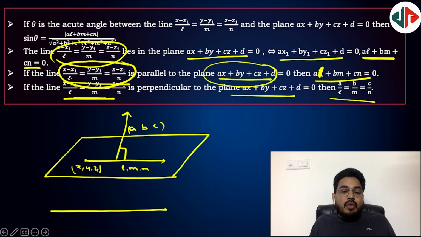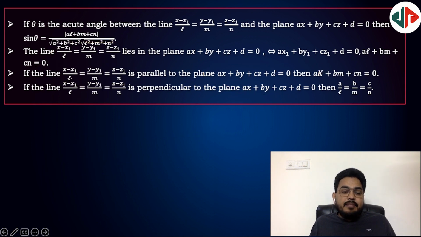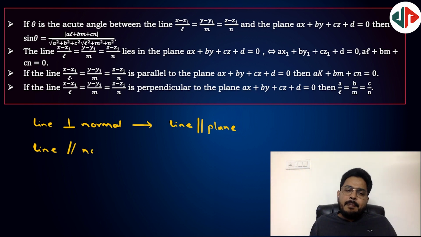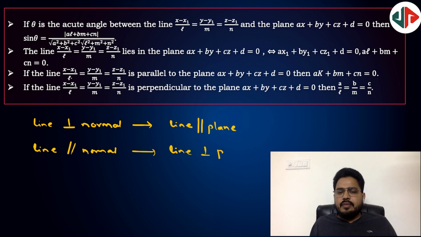So what I can write here is simple: if the line is perpendicular to the normal, then the line is parallel to the plane. If the line is parallel to the normal, the line is perpendicular to the plane. If the angle between line and normal is theta, the angle between line and plane will be 90 minus theta.